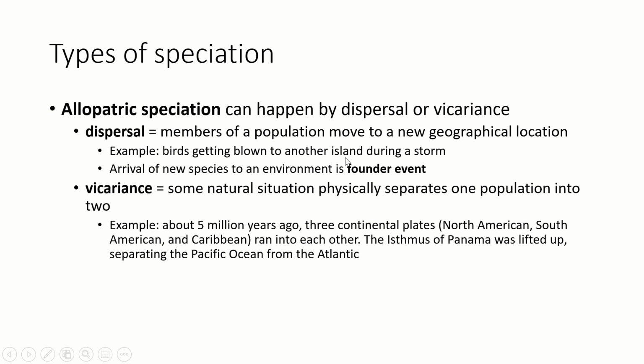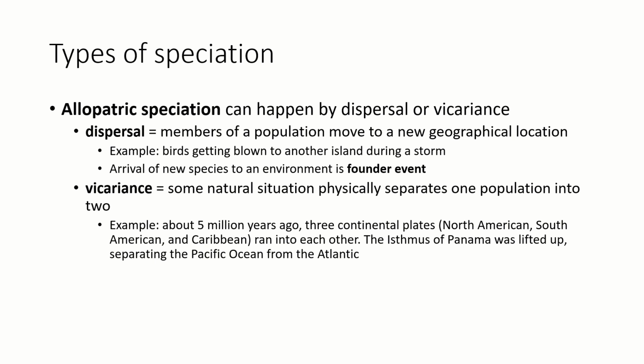Now, vicariance is where some natural situation physically separates the two. So the growth of a mountain range, the creation of one continent out of two, or the separation of continents, any of those things could cause this. We do know that about 5 million years ago, the North American, South American, and Caribbean plates all ran into each other. Previous to that, North and South America had been physically separate with a waterway in between them.